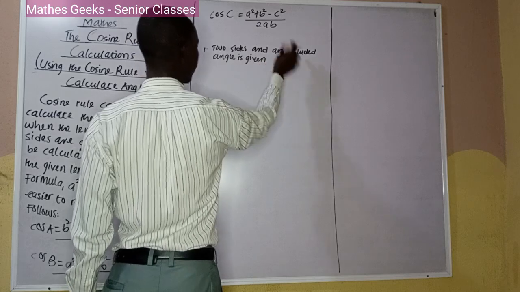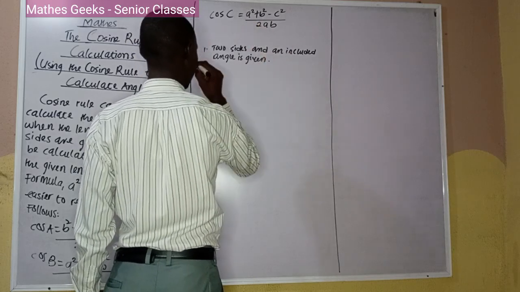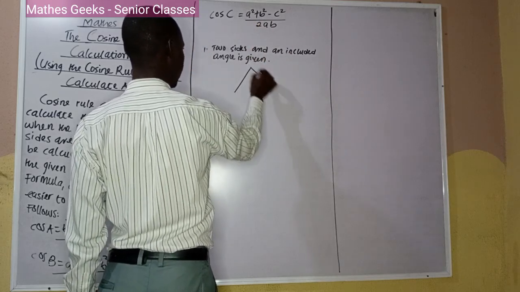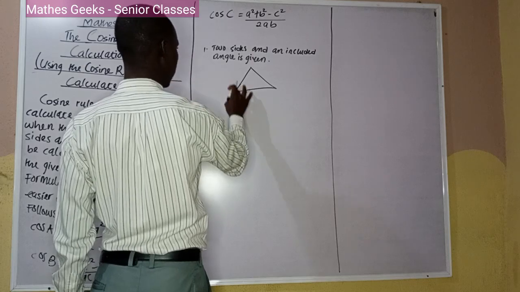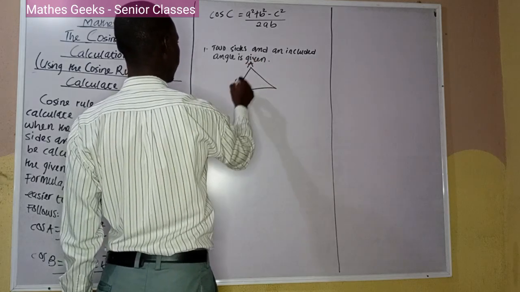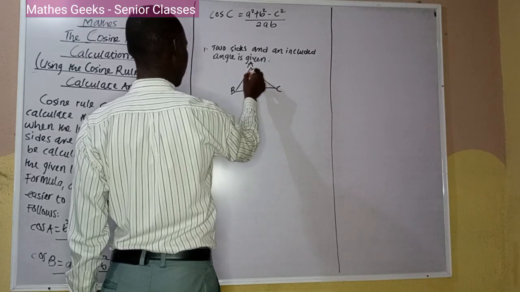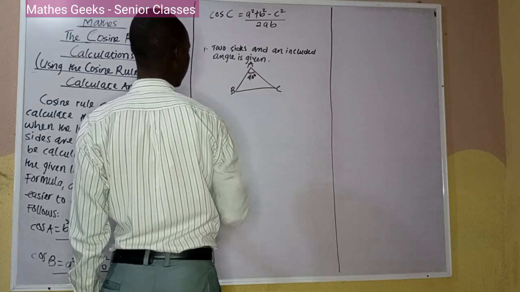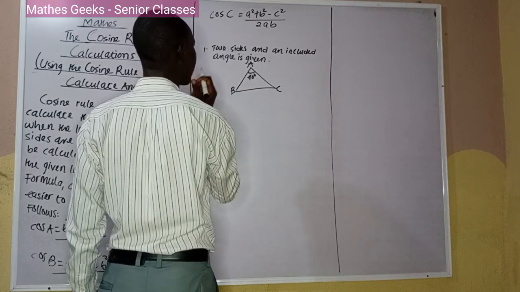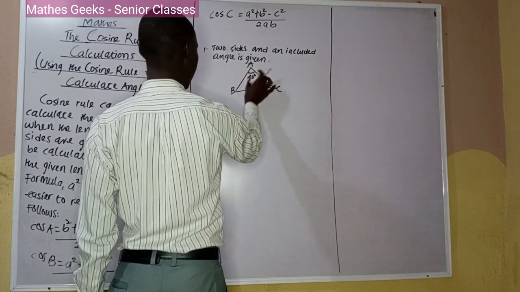In this case, we said that this must follow A, B, C. So if the angle is given to be 40 degrees, the two sides that are given must be on either side of the included angle.